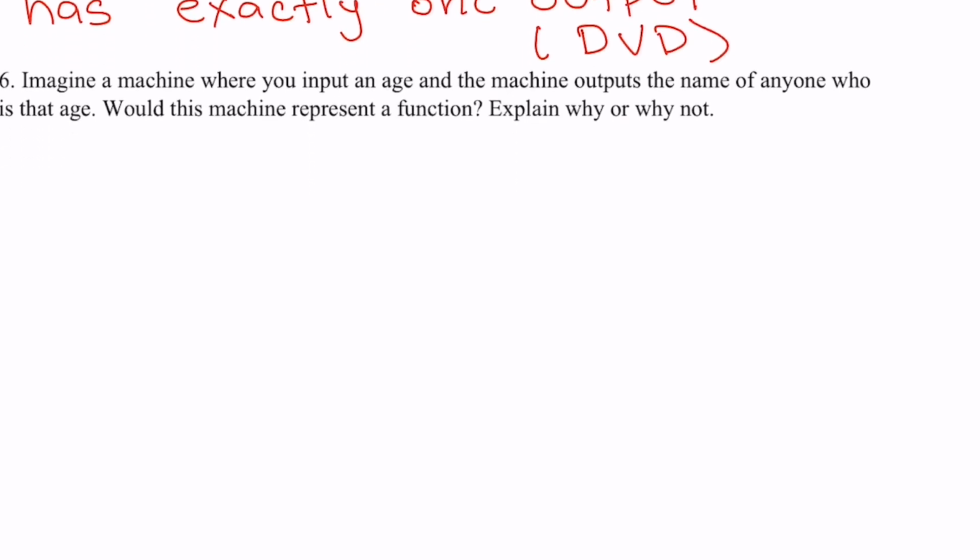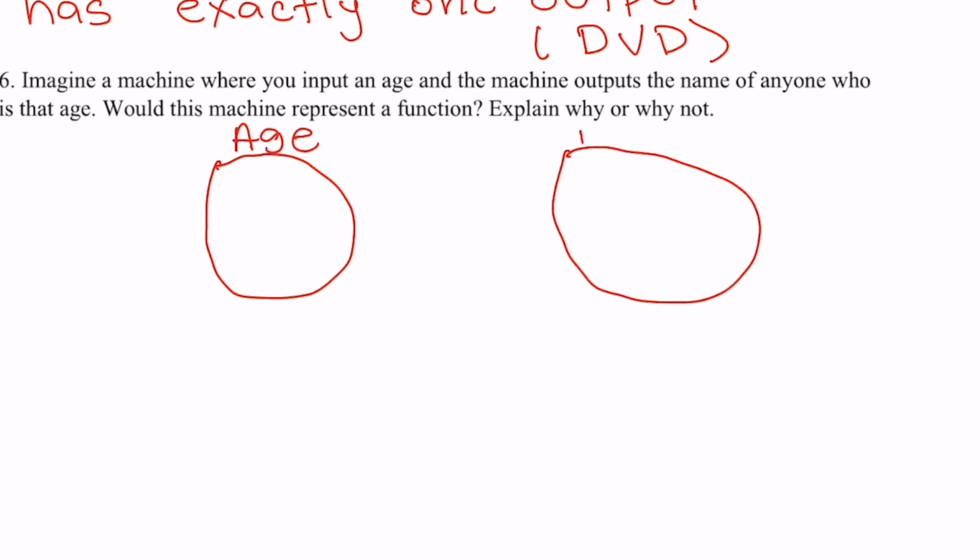And our last question, imagine a machine where you input an age and the machine outputs the name of anyone who is that age. Would this machine represent a function? Explain why or why not. So for my input circle, I have an age, and my output circle is the name of anyone with that age. Well, let's take the age 15 for example.